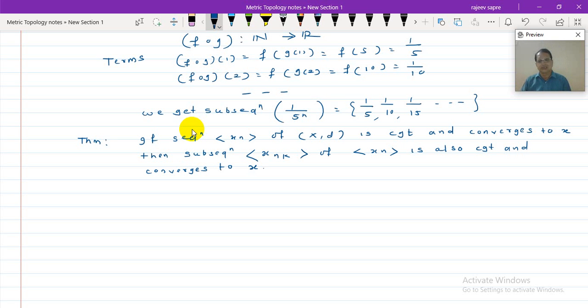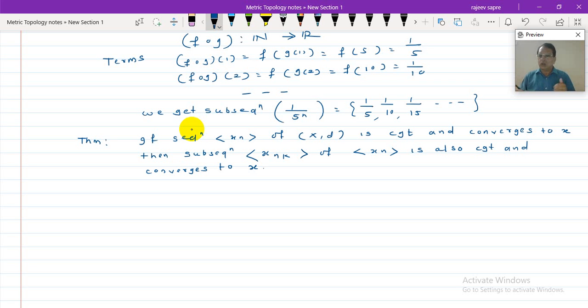You can try this. Basically, whenever you say the sequence is convergent, it means what? From a particular term onwards, all the terms are near to x. That is, there exists k belonging to the natural numbers such that for all n greater than or equal to k, the distance between xn and x is less than epsilon. It means from a particular term onwards, all the terms are near to x.